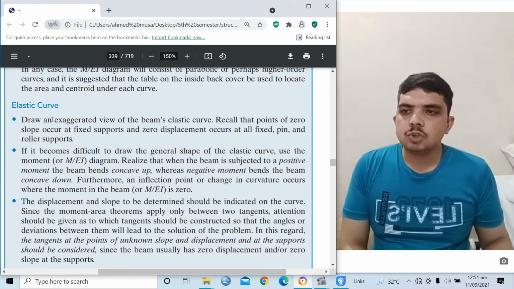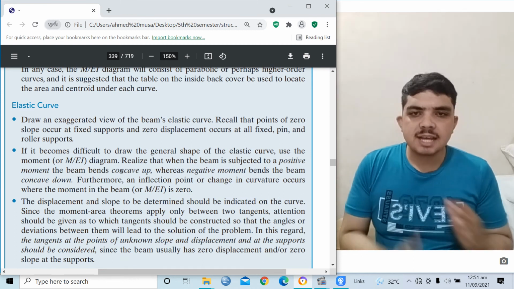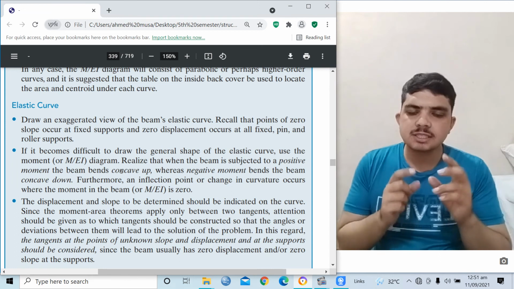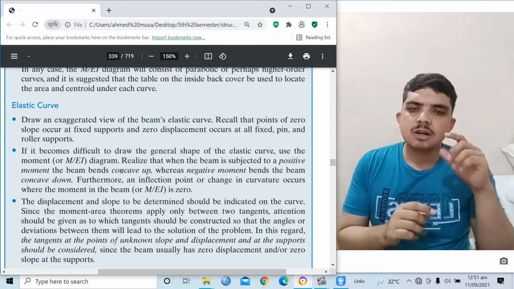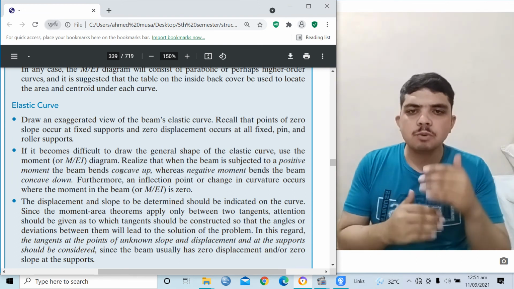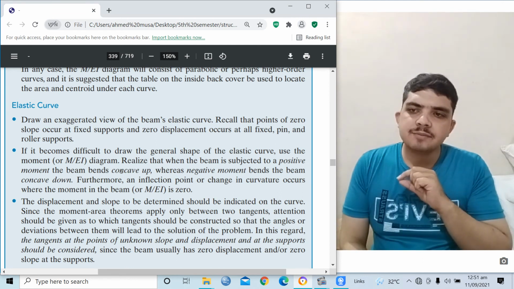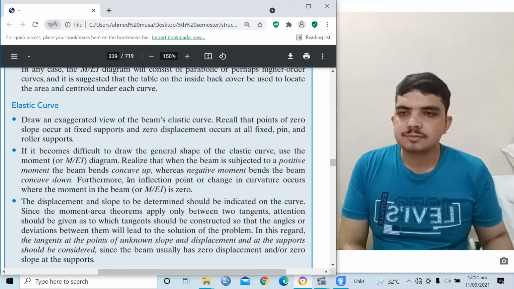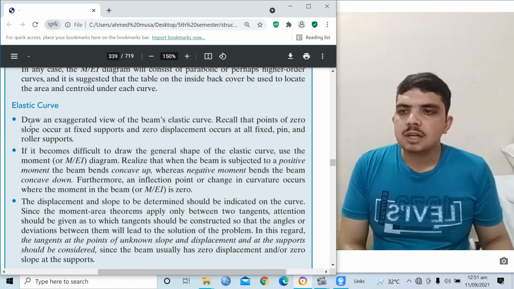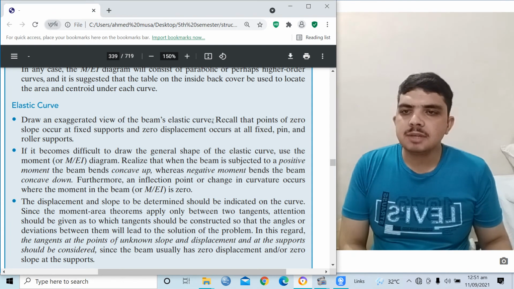Then we come toward the elastic curve. From the elastic curve we will know the tangent line, what the deflection is at that point, and how we can find the deflection. So we will draw a detailed exaggerated curve. Draw an exaggerated view of the beam's elastic curve.